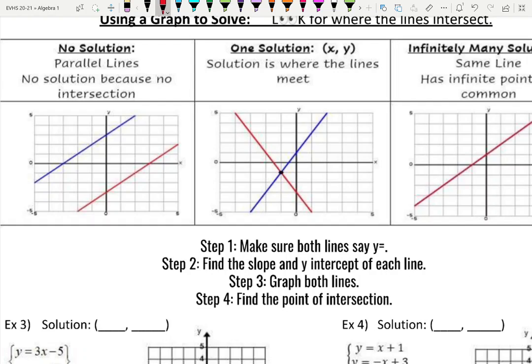Now, if a point is a solution to both, then it is going to be the one unique point shared by both lines, the intersection point of those two lines. So that's what we're looking for whenever we're trying to solve a system of equations: what is that one specific point that makes both equations true at the same time. And we'll talk about all the different variations on that as we go.